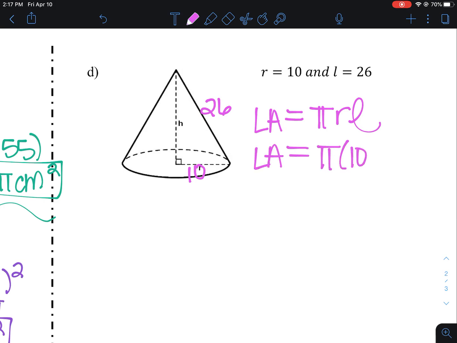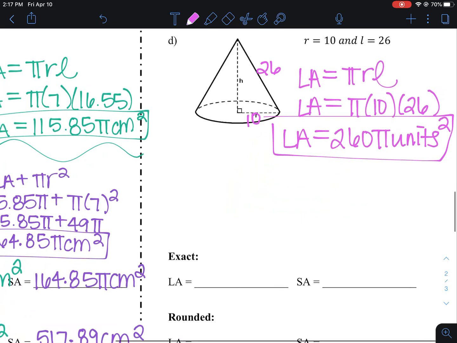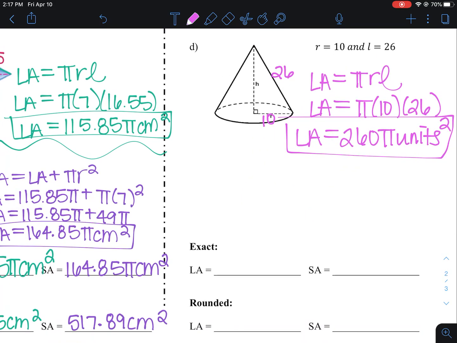Pi, the radius is 10, the slant height is 26. So that's 260 pi. It doesn't give us units, so let's just say units squared. So the exact answer is 260.